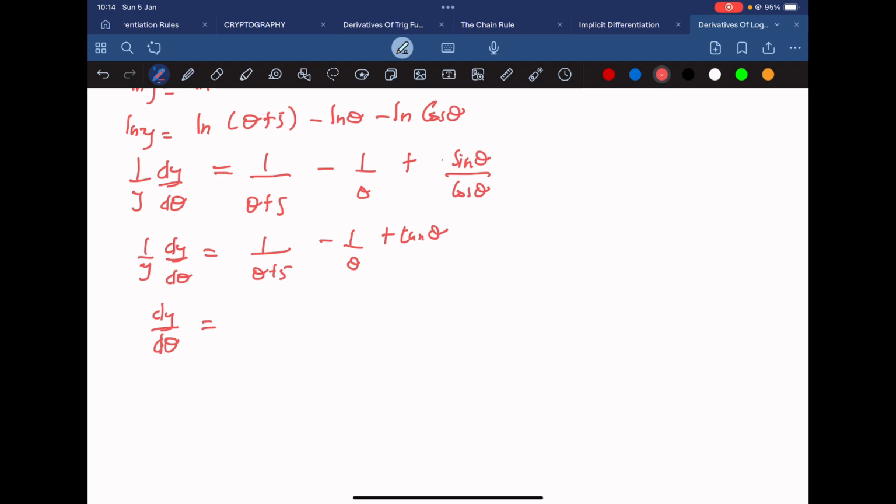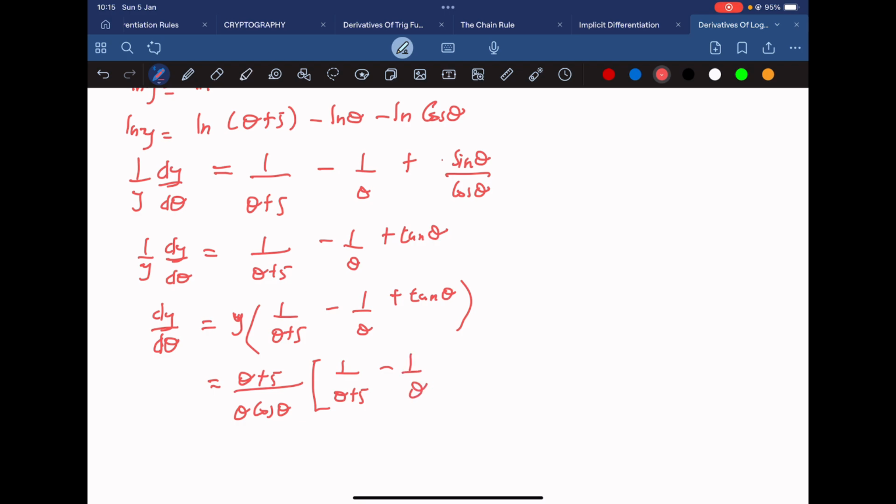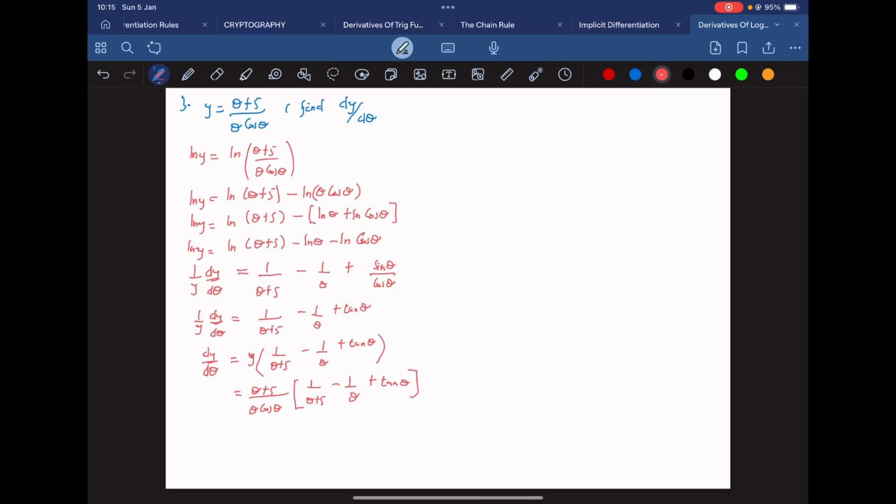So in this case, we have y multiplying 1 over theta plus 5 minus 1 over theta plus tan theta, and y was given to be theta plus 5 over theta cosine of theta. So we just have to multiply everything as it is, and this will be your answer. I hope this is clear.